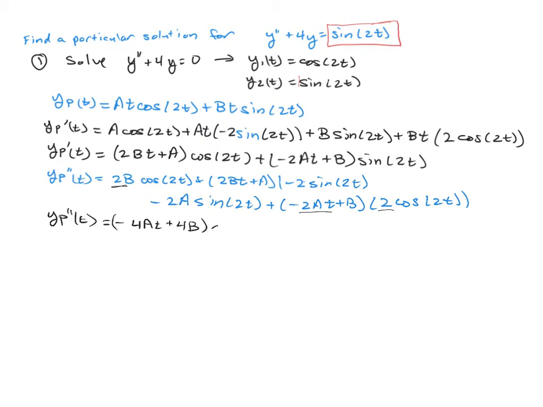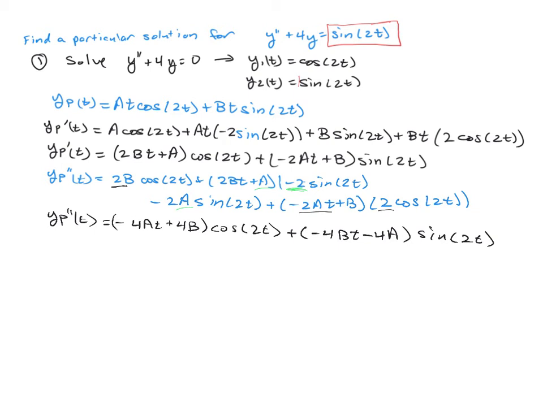Again, that's all times the cosine of 2t. And now the same thing for the sines. We're going to have a negative 2 times 2bt makes a negative 4bt. And then we're going to have that negative 2a getting together with the other negative 2a to make negative 4a. And again, this is times the sine of 2t.